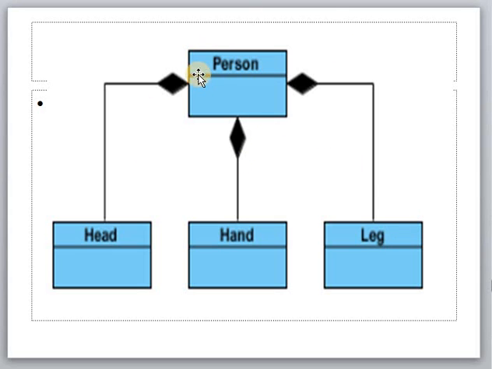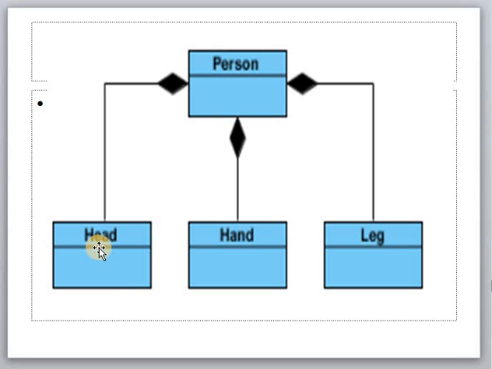The person class is the main class, and head, hand, and leg are the parts of this main whole class. So there is a strong dependency between all of these classes. How can we define the strong dependency between these classes?